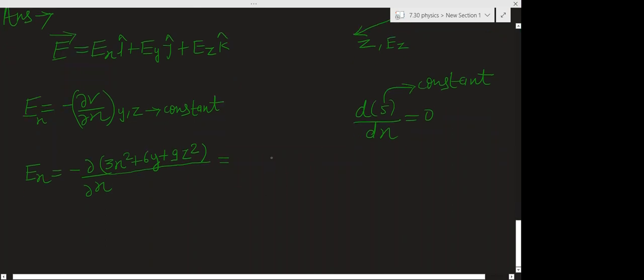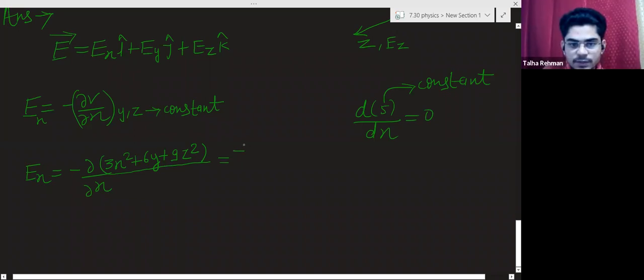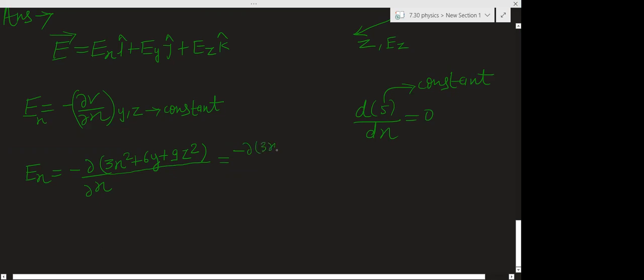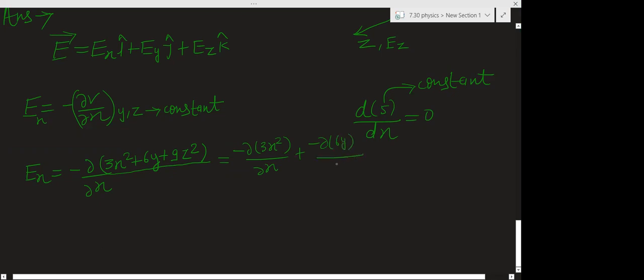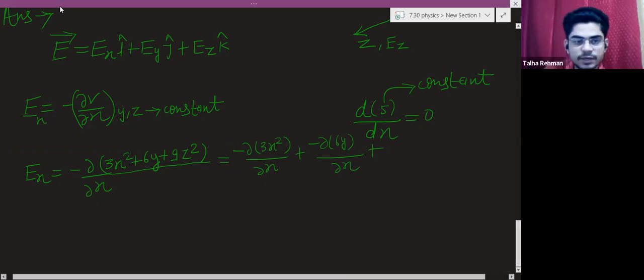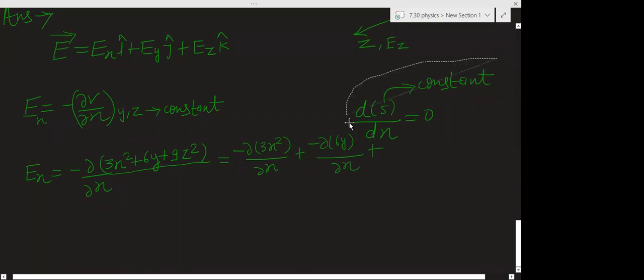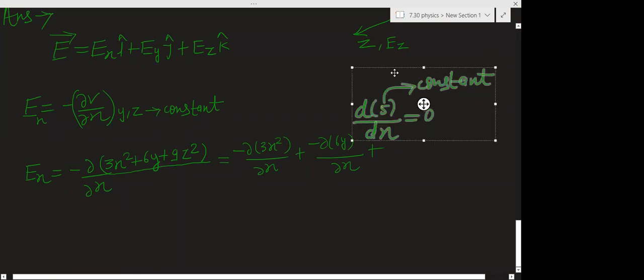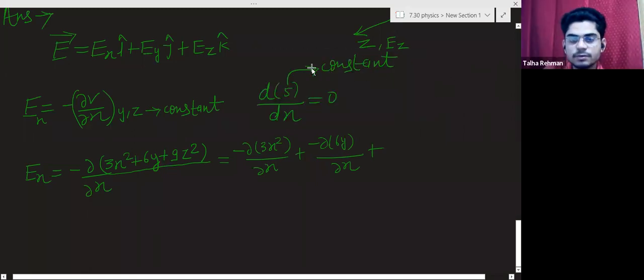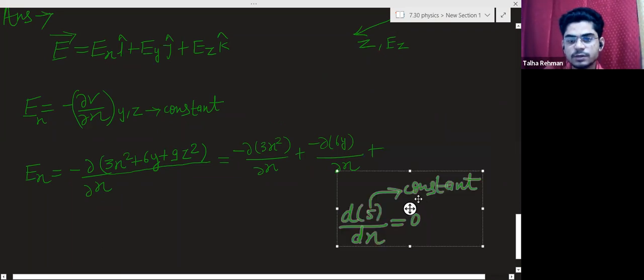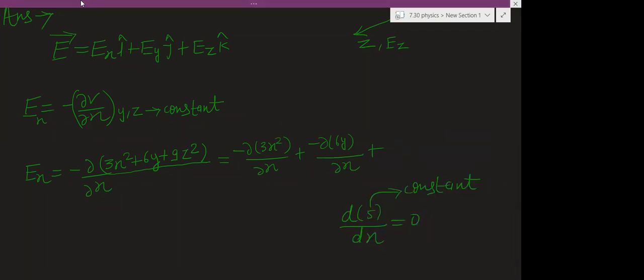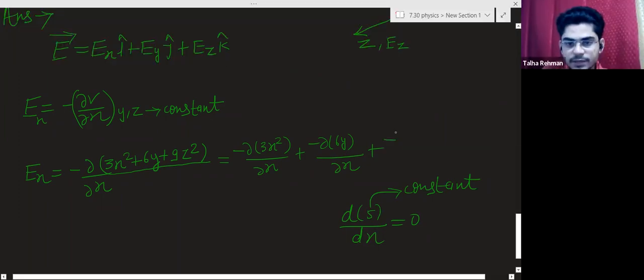So I can write this like minus del of 3x square divided by del x, plus minus del of 6y divided by del x, plus minus del of 9z square divided by del x.